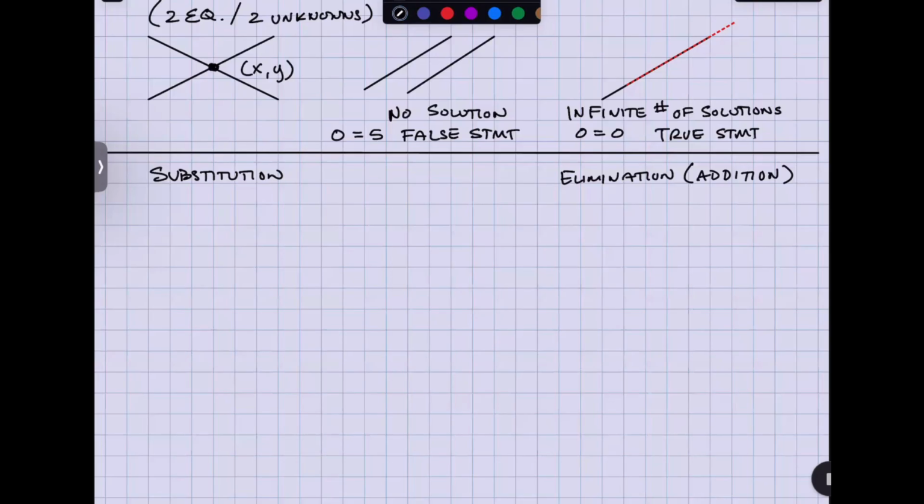So let's use an example just to run through it. x plus 3y equals negative 4, and 2x plus 5y equals negative 5.